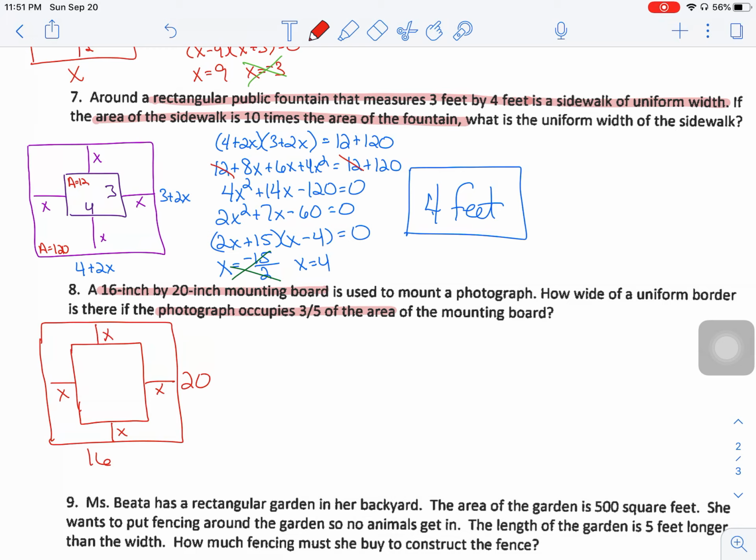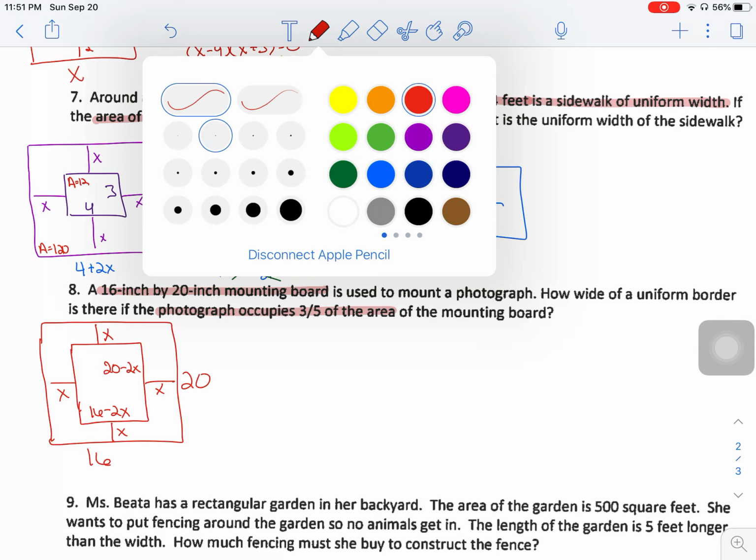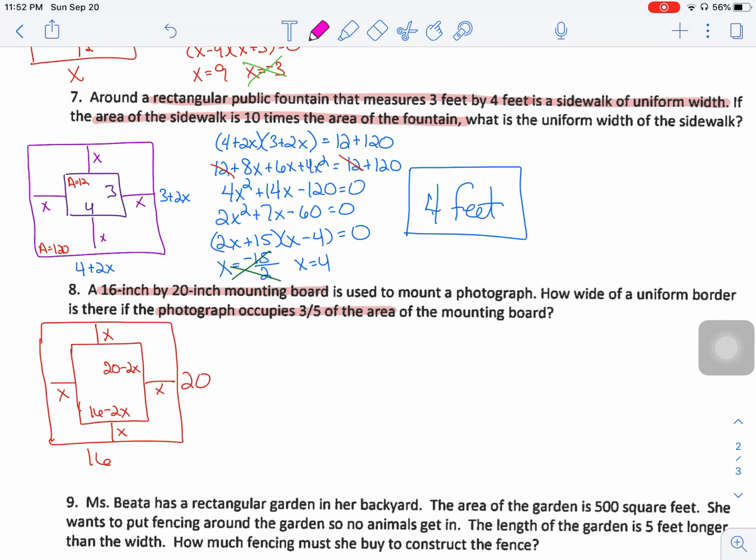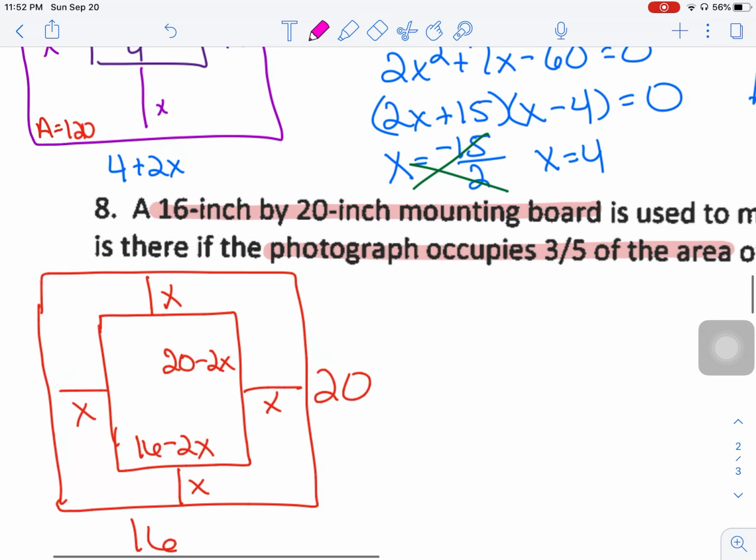Let me get those dimensions going. So this is going to be height-wise 20 minus 2x, 16 minus 2x. And it says the photograph occupies 3/5 of the area. So area equals 3/5 of the whole thing.